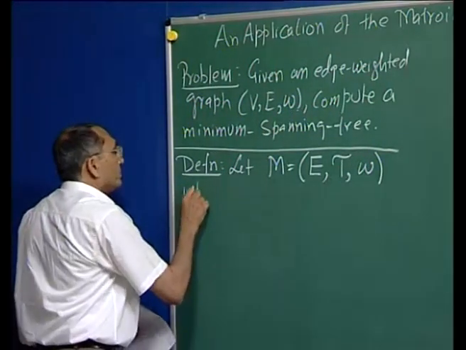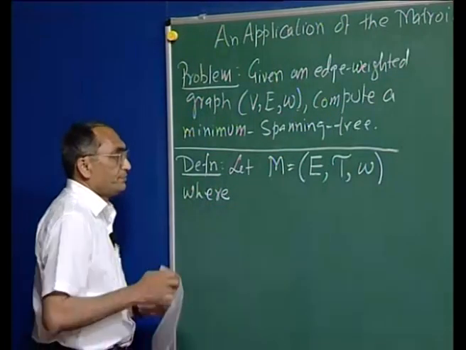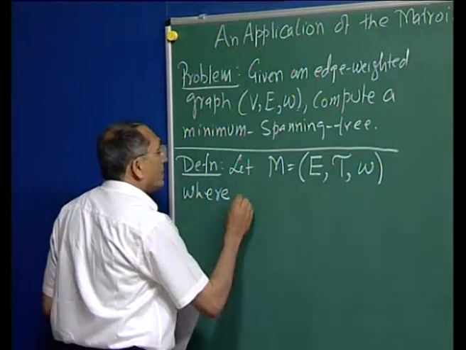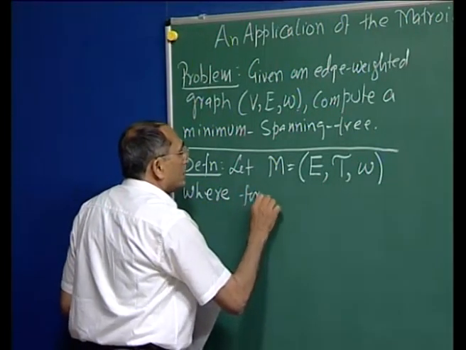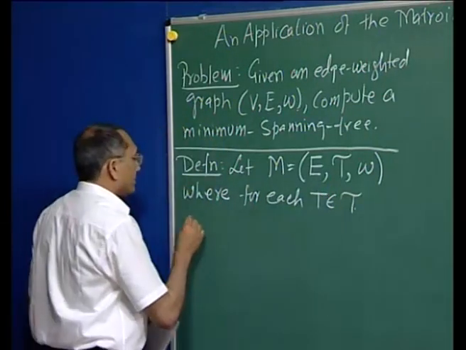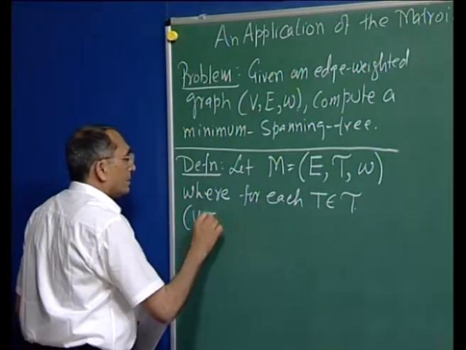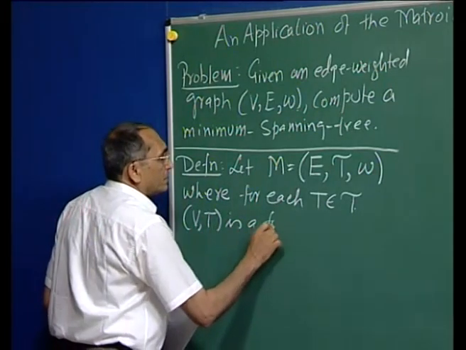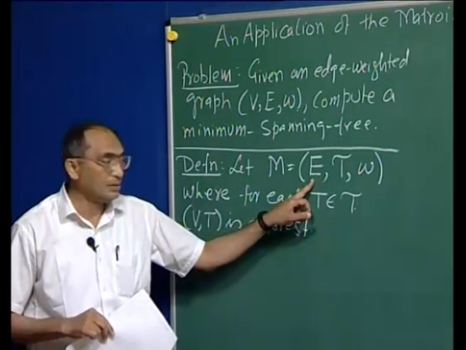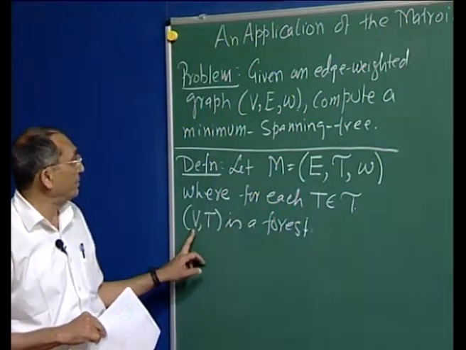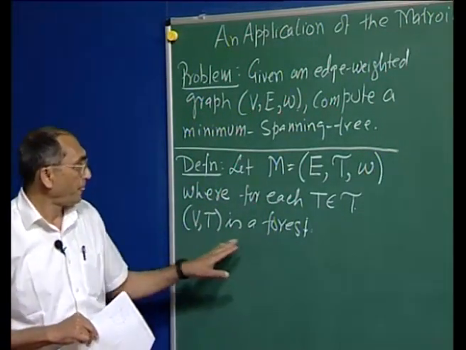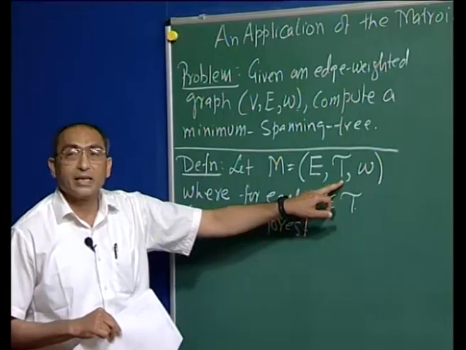The members of script T are those T such that (V, T) is a forest. So every subset of E which along with the vertex set V forms a forest, that is how script T has been defined.